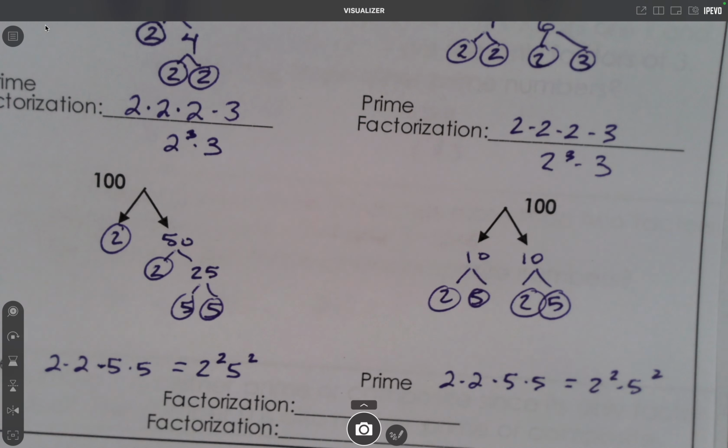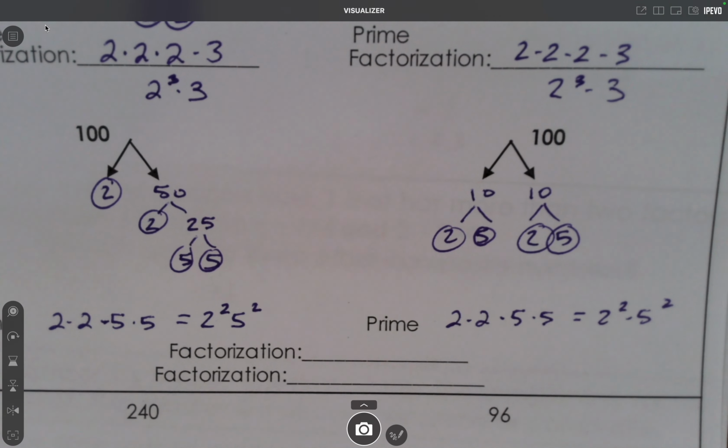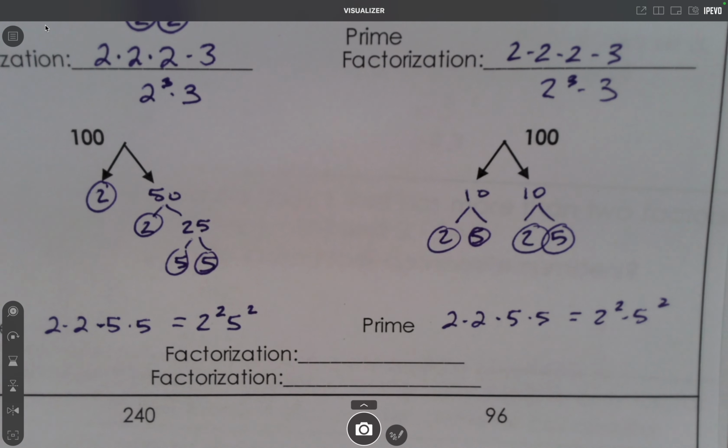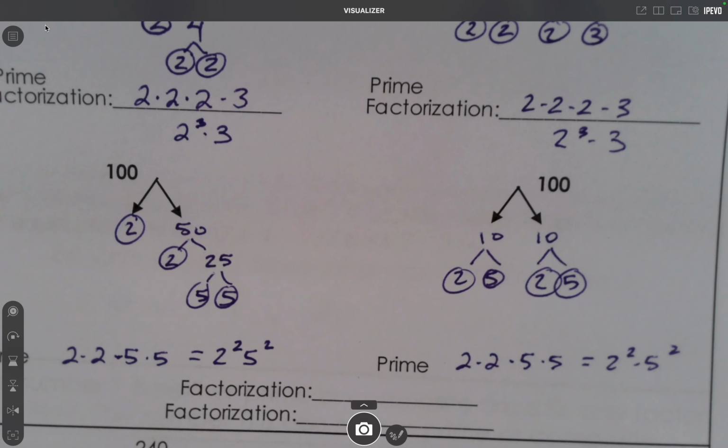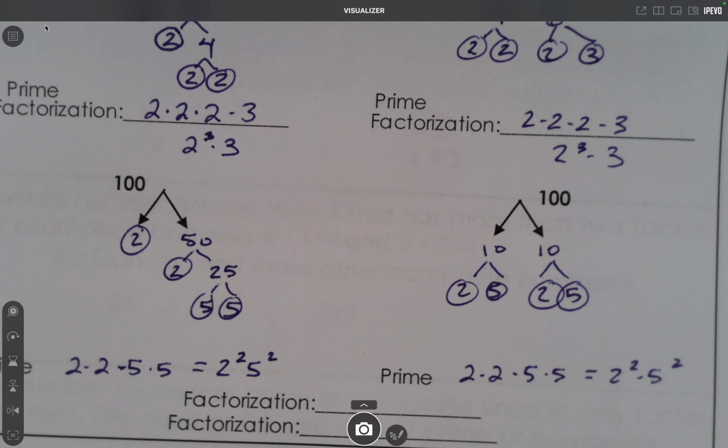Okay, if there's time, pause and you try the 4 on the bottom, then I'll show you the answers. If there's not time, then you can just go ahead and start working on the homework. Stop the video now.